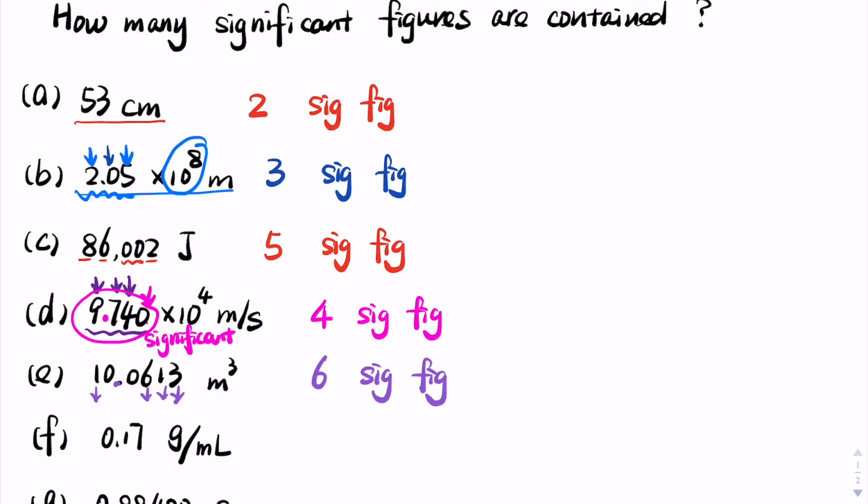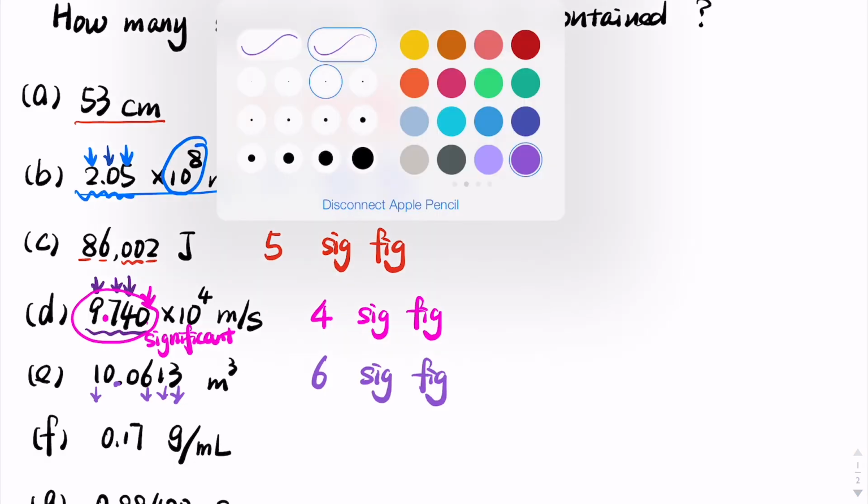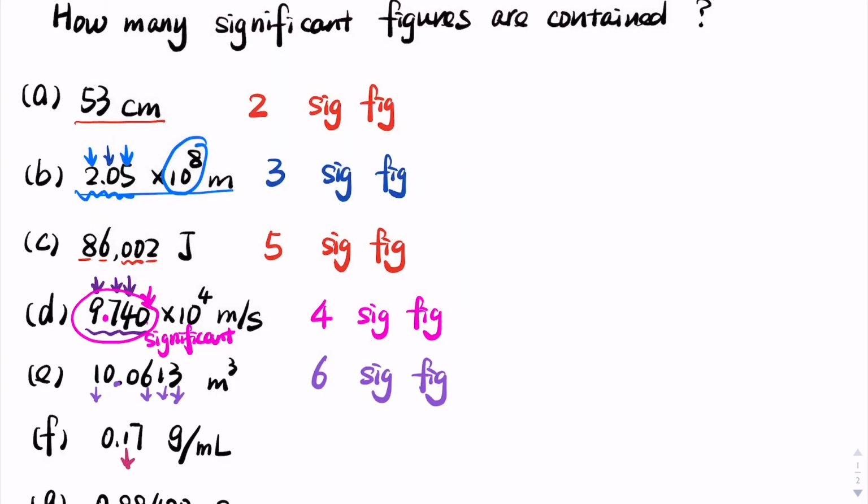So all the numbers in this measurement are significant, so you have 6 sig figs. And then the next one will be 0.17. We start off with the non-zero numbers: you have 1 and 7, they're significant. And then what about this zero? This zero before the decimal point is what we call a leading zero.